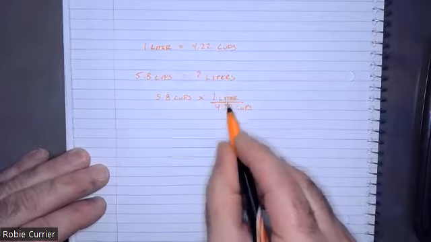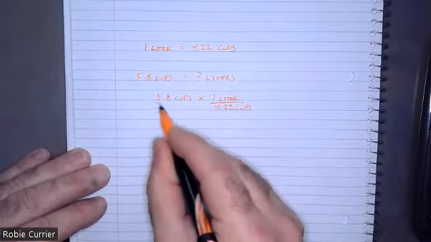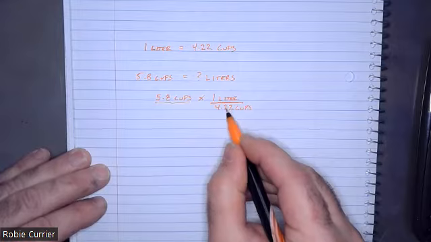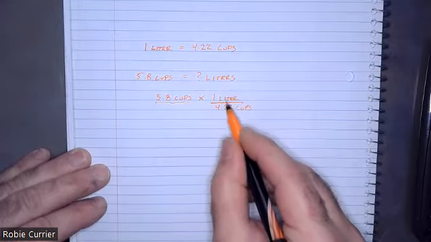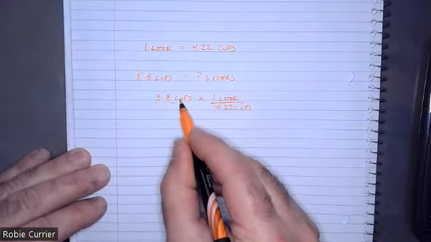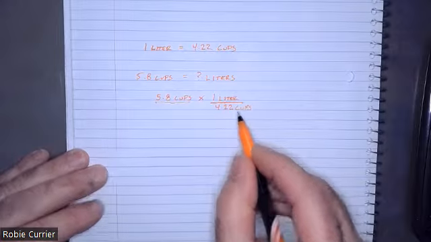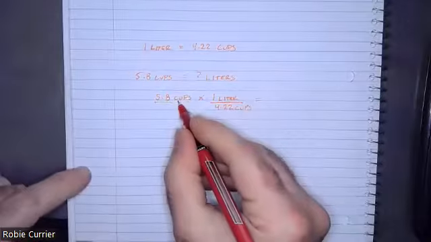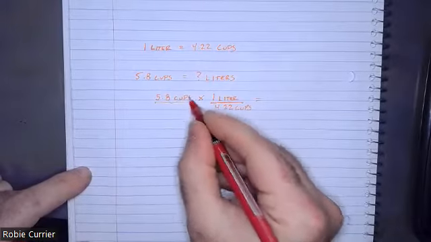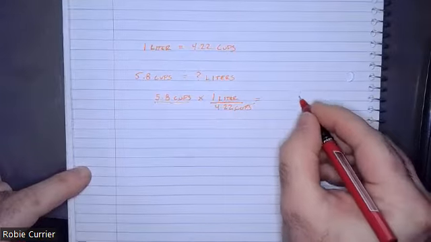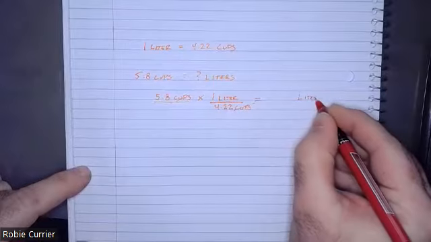So I've just taken 5.8 cups and multiplied it by this ratio here, which shows how many cups there are in a liter. You'll notice that the top quantity here is cups and the bottom quantity here is cups. So when I multiply these two, the units cups goes away, and we'll end up with only liters over here.